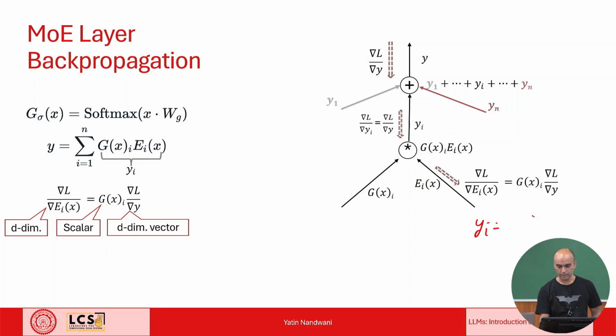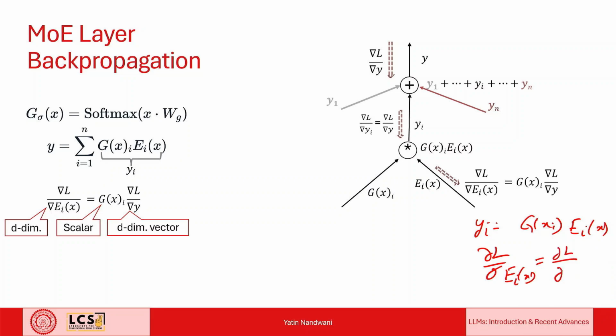So Yi is G of Xi times Ei of X, and the derivative of the loss with respect to Ei of X is going to be the derivative of the loss with respect to Yi multiplied by the derivative of Yi with respect to Ei, and this is nothing but G of Xi.